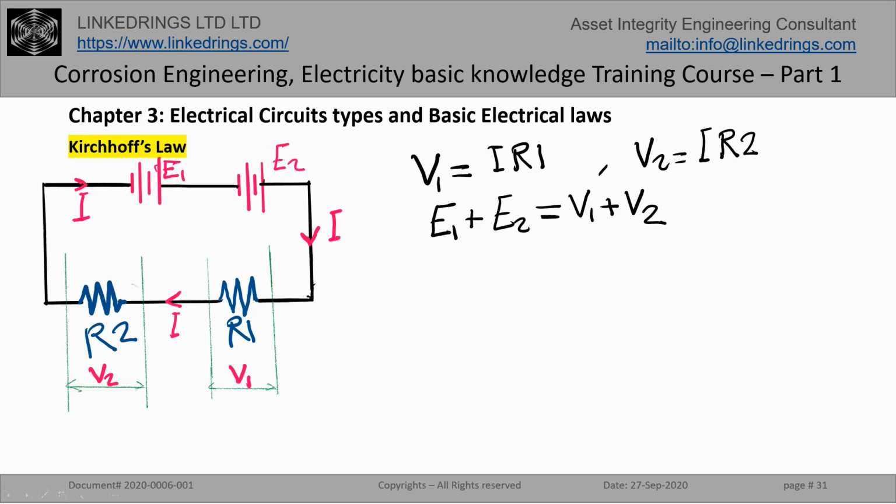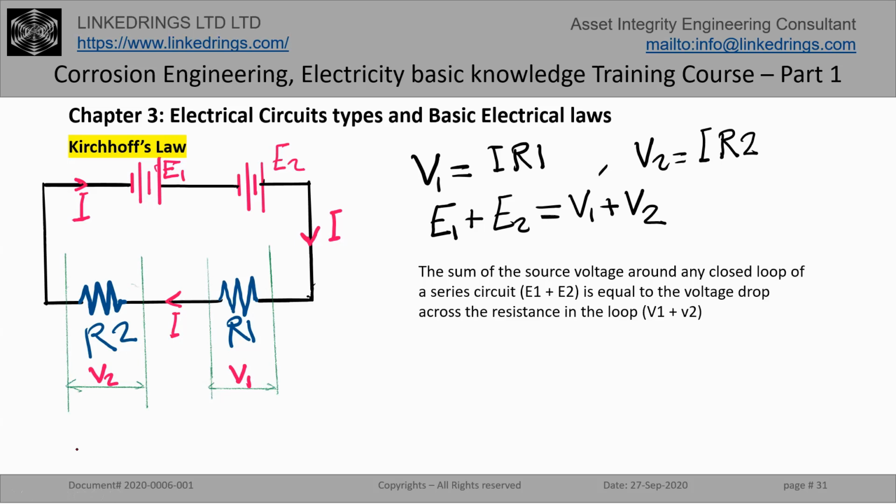The summation of voltage sources E1 plus E2 equals the voltage drop V1 plus V2. So the sum of the source voltage across any closed loop of a series circuit, in this circuit, the sum E1 plus E2, is equal to the voltage drop across the resistances in the loop.